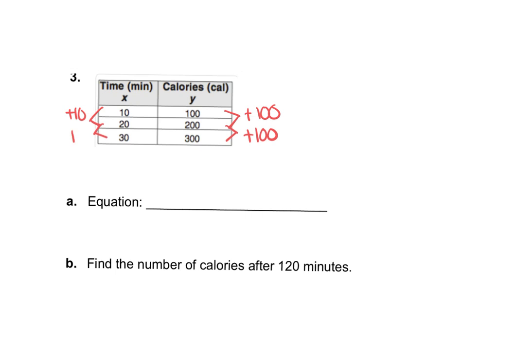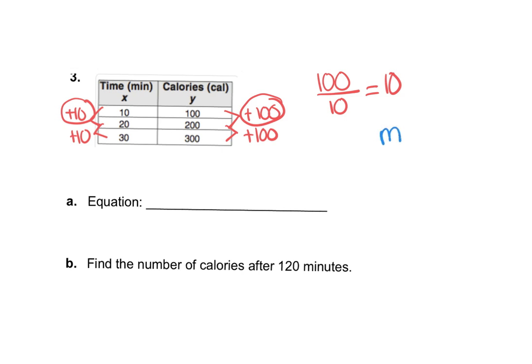and up 10. Now, this might be easier for you to plug into your graphing calculator to find the slope. You could take the 100, the change in y, over the change in x, where we would have 100 divided by 10, and we get 10. Some of you might find it easier to take 2 points out and find the slope.